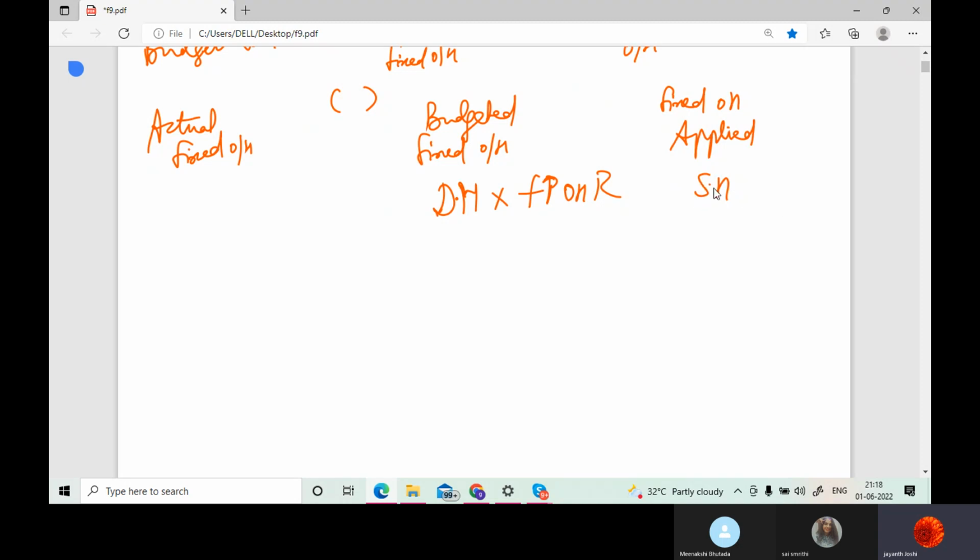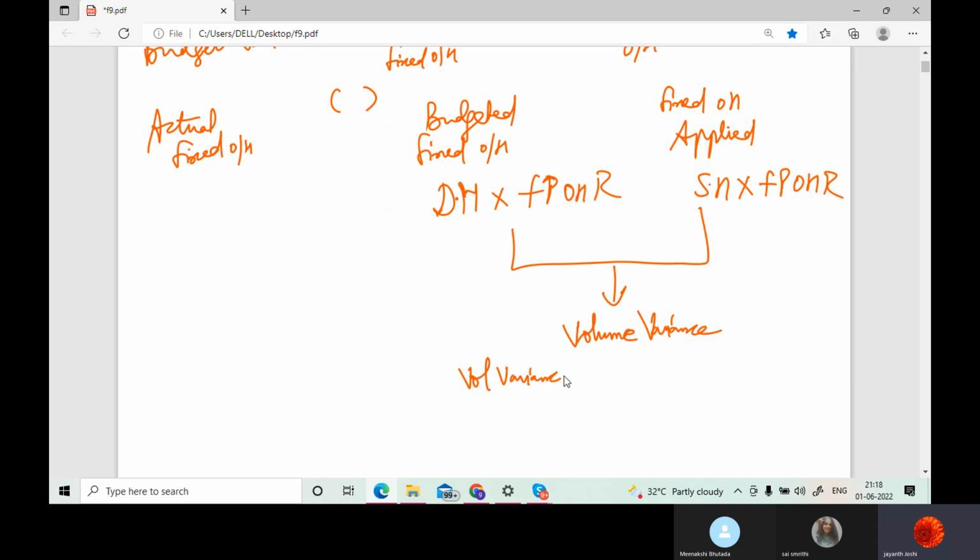So standard hours into fixed predetermined overhead rate. When we see the difference in this, we get the volume variance. This volume variance is nothing but the fixed predetermined overhead rate taken common, times denominator hours minus standard hours.